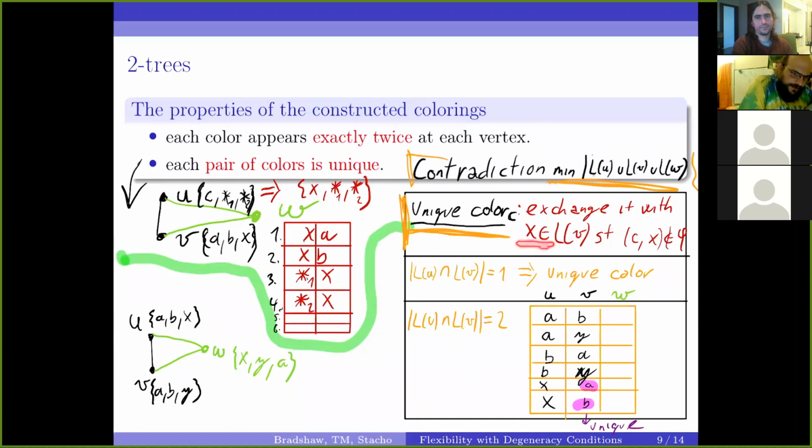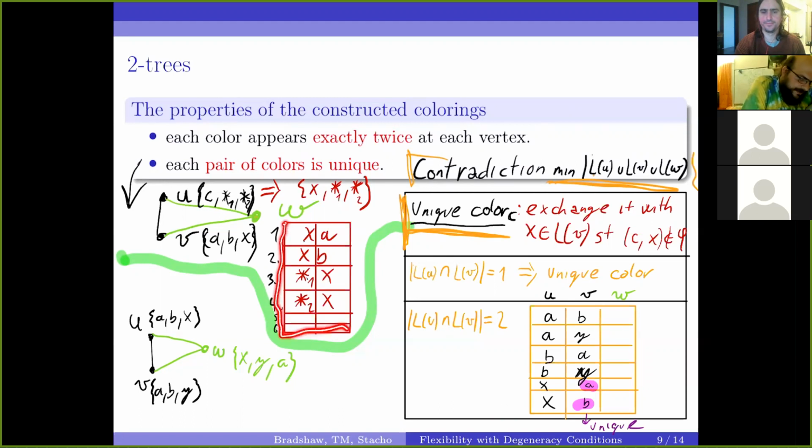So we exchange this color C with this color X, which is not on the coloring of this edge. So we will take X such that CX is not on any of the 6 colorings that are already produced for this HUV.